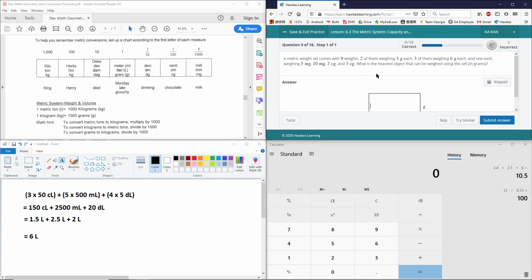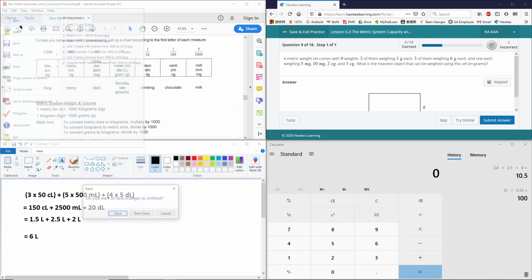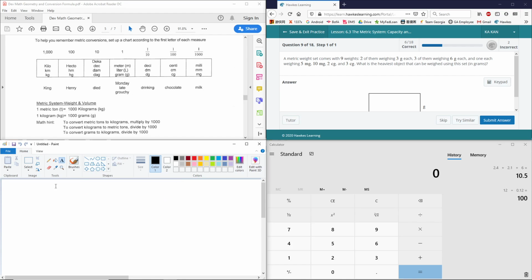Basically, the heaviest weight, right? Because they're basically looking at a scale right now. These are the weights that you can use to weigh something on a scale. All you have to find is the sum of all these weights. Then you know how heavy the other side can be.